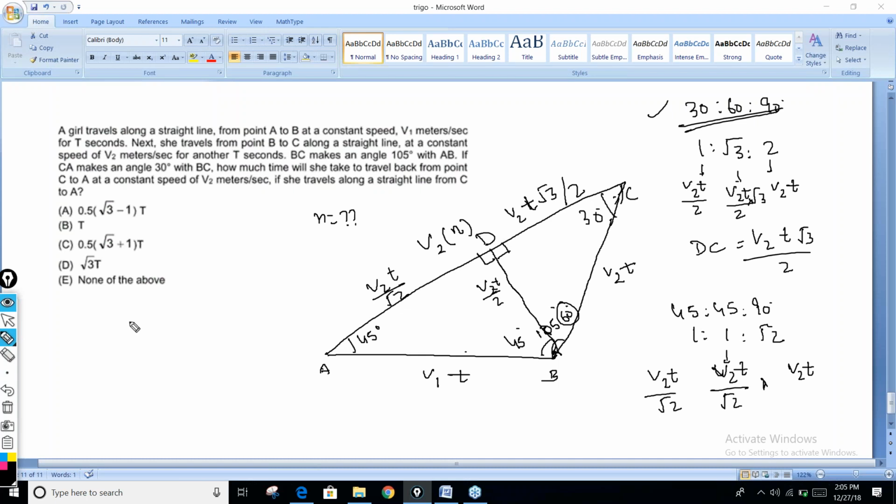So can you tell me the length of AC, guys? Sorry, it's not root 2, it is 2.